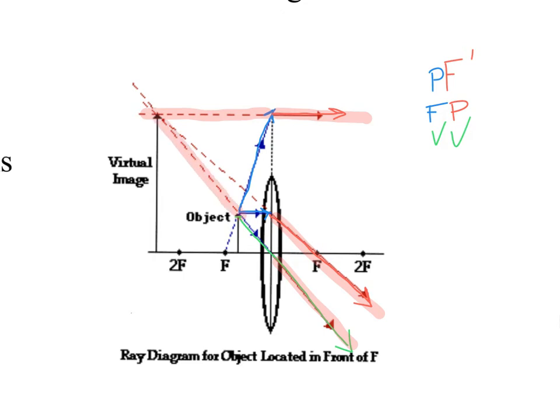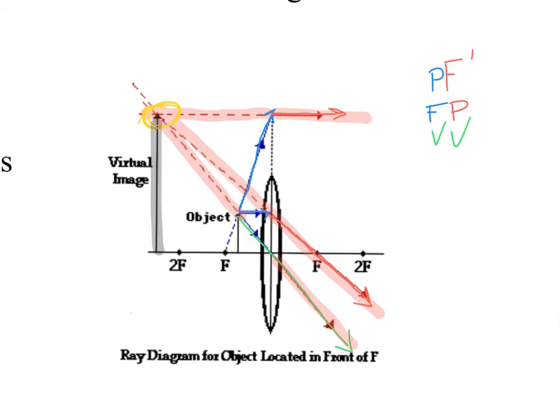So here's our extension, and please remember to extend the refracted rays, not the incident rays. So the ones drawn in red, including our V to V, not our blue, which are our incident rays. And we have found our point of intersection, and our image is drawn right here.